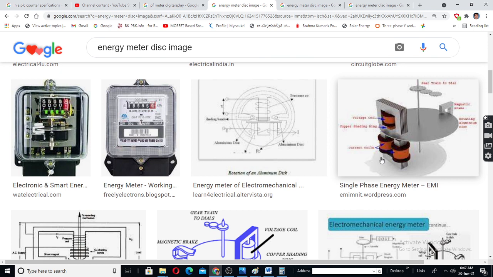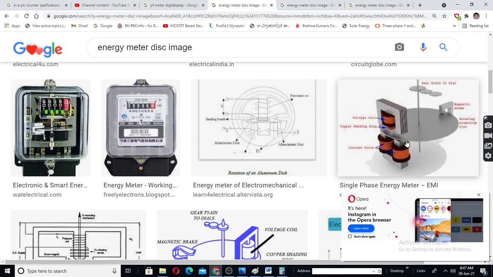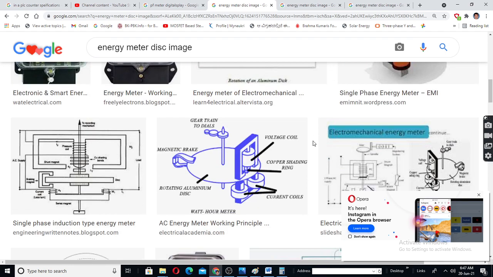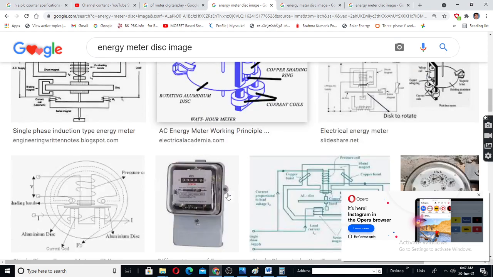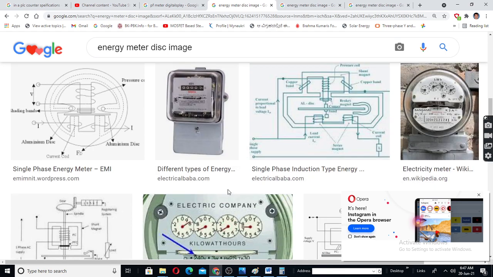So this is the actual construction. One will be the current coil, another will be the potential coil. Interaction of the potential and current coils will produce torque on the disk, which rotates the disk, which you will study in the theory.